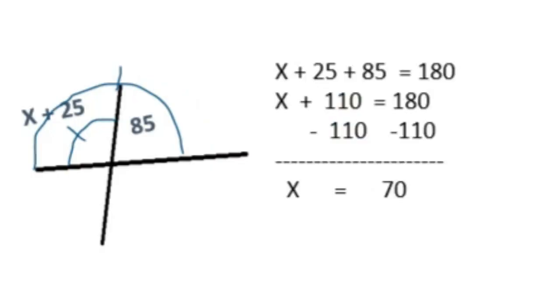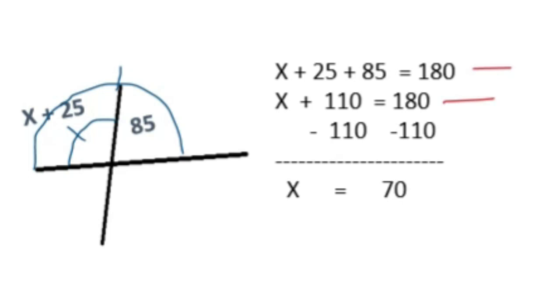So we're going to set up our equation, and we're going to have x plus 25 plus 85 equals 180 degrees.